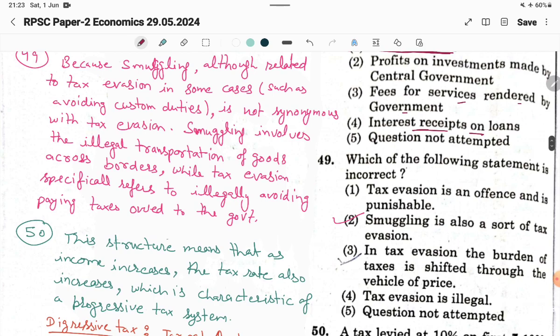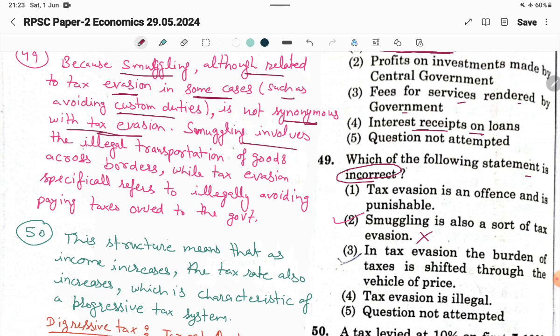Now the next question: which of the following statements is incorrect? Tax evasion is an offense and is punishable. It is right. Smuggling is also a sort of tax evasion. No, it's wrong. Here is a little explanation. Smuggling, although related to tax evasion in some cases, such as avoiding customs duties, is not synonymous with tax evasion.